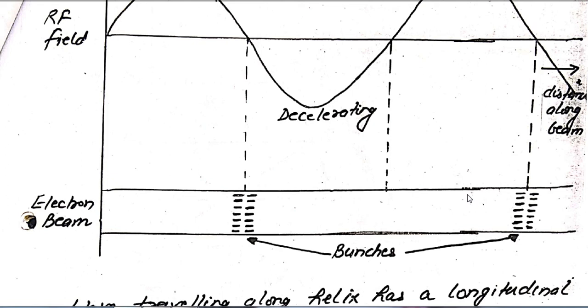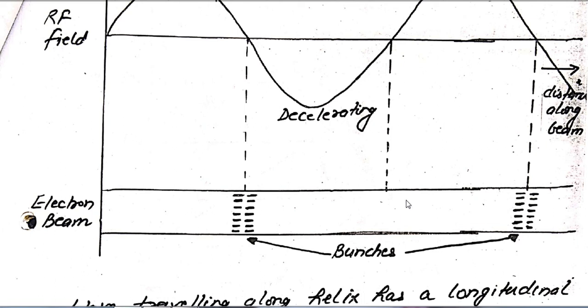This cumulative interaction can be explained in terms of space charge waves on the beam. In addition to the velocity modulation, the beam will also experience a fluctuation in charge density and current density. These are known as space charge waves on the electron beam.